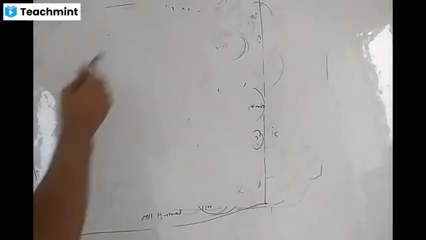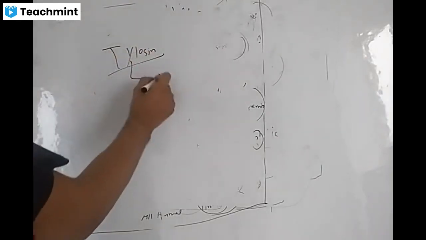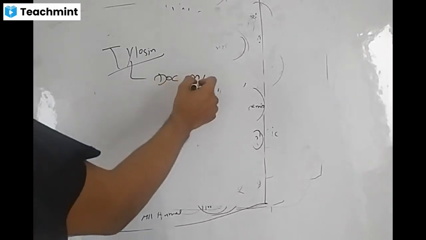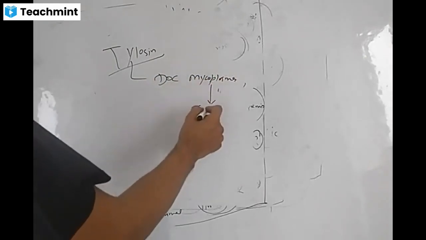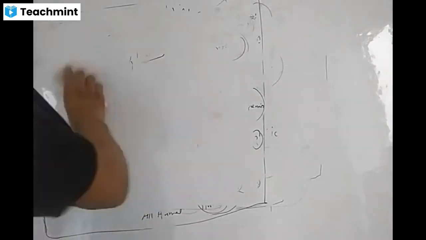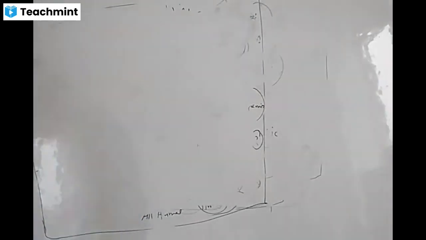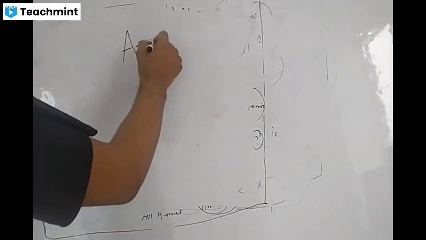Then there is one more drug called tylosin. This is the drug of choice for mycoplasma, which causes CRD in poultry, chronic respiratory disease. Then one more molecule in macrolide is azithromycin.